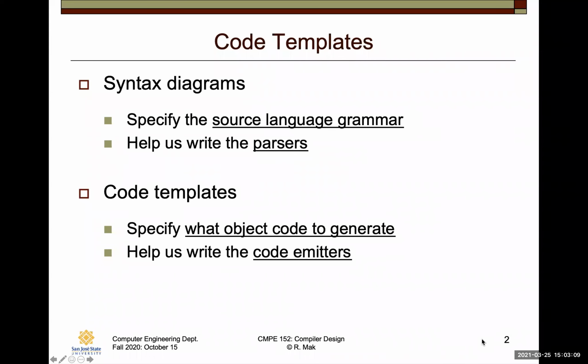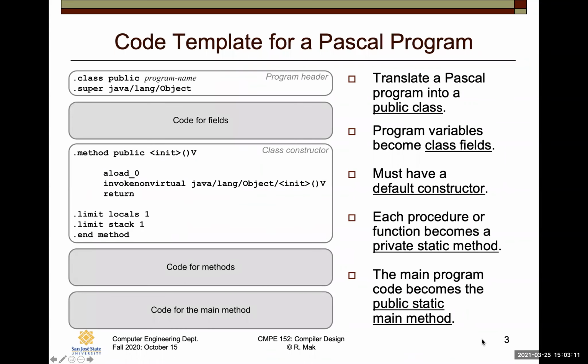Okay. All right, so I showed you this template for an entire Pascal program. Okay, so this is a high-level template, and you can see that at the top here, the first two lines of the Jasmin assembly code that we generate have to be this .class public and then the name of the program, and then .super java/lang/Object.